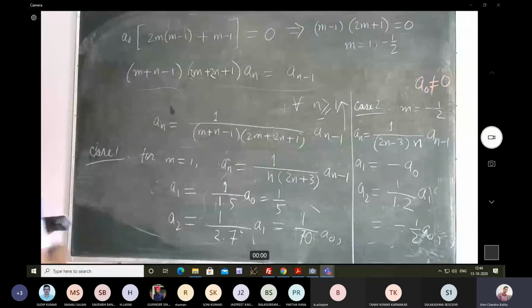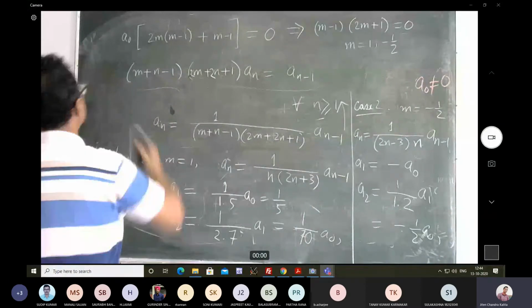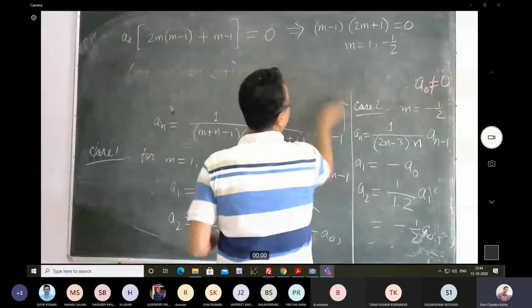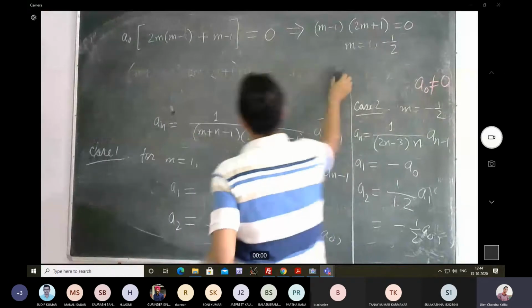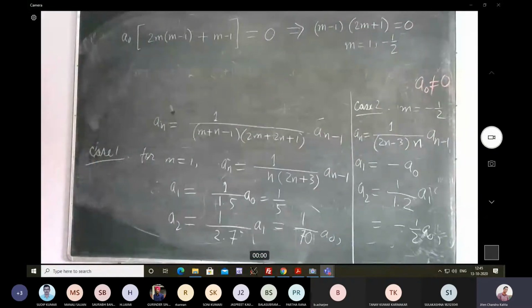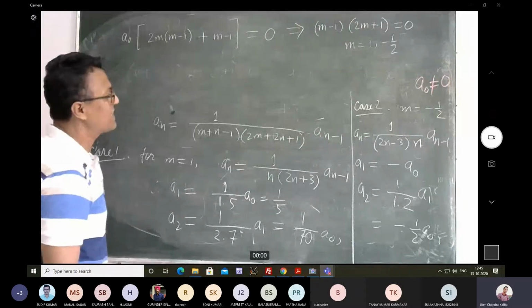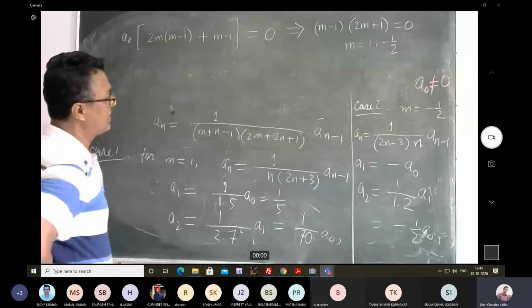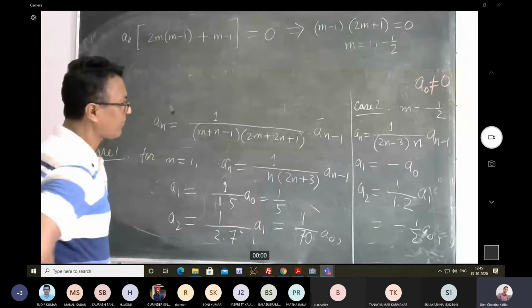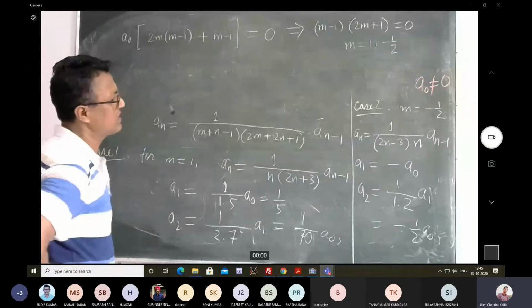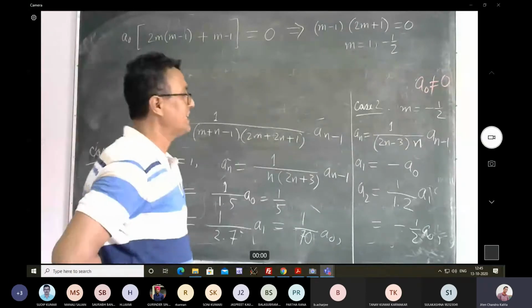So I just want to emphasize something. You have found out that I have been able to find 2 independent series here. Okay, so basically what they do here, see in Frobenius series, eventually you will see that they take a naught equal to 1.